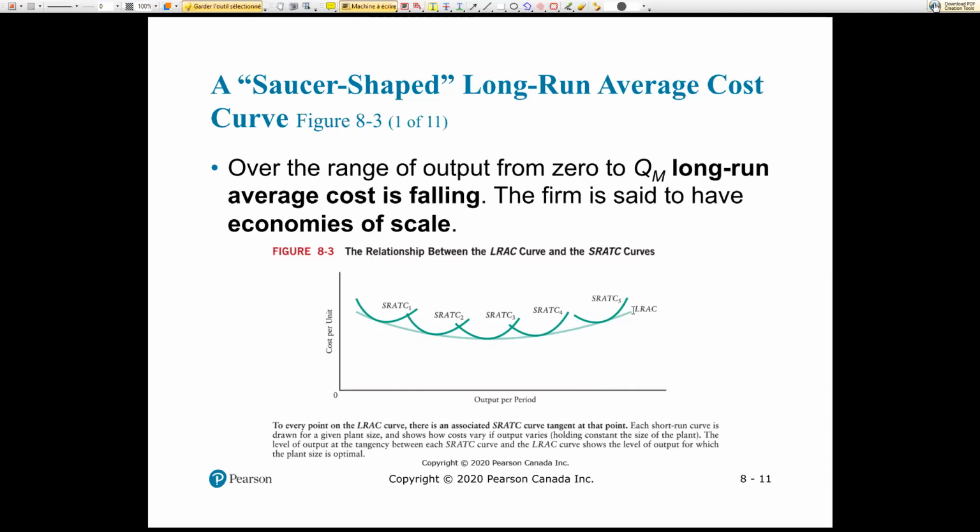It's going to be the long-run average cost curve. And now imagine I've chosen to produce this quantity there.